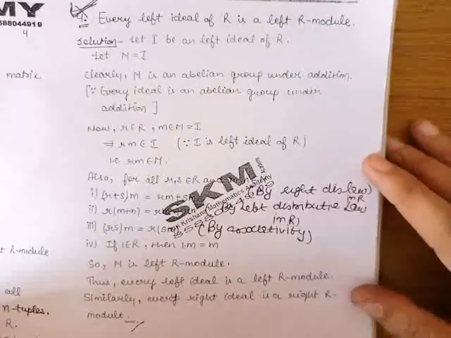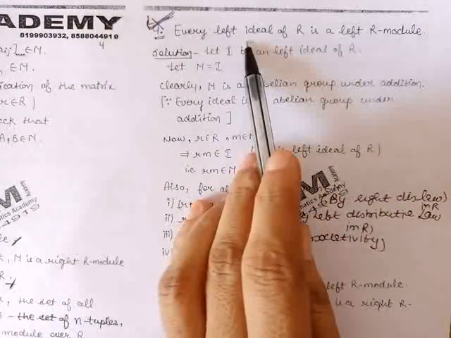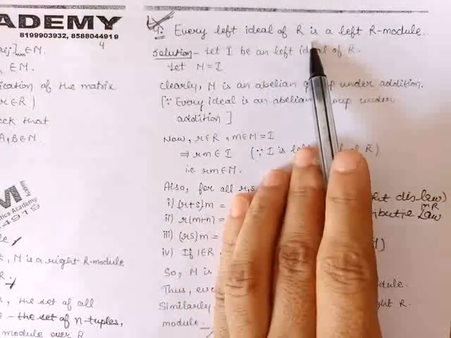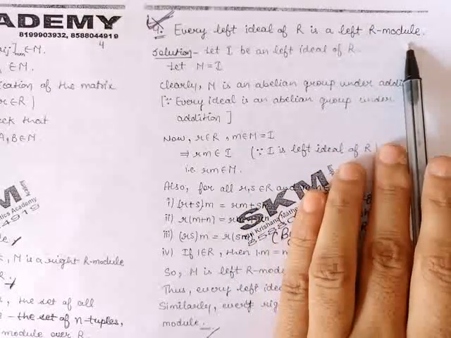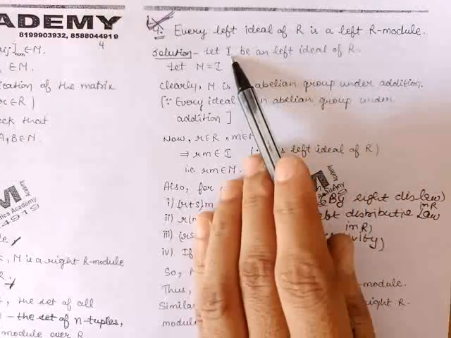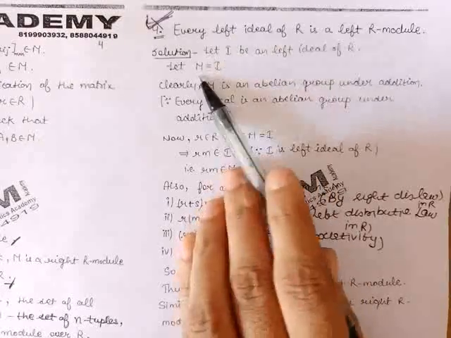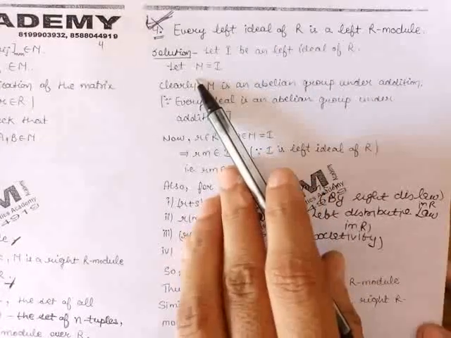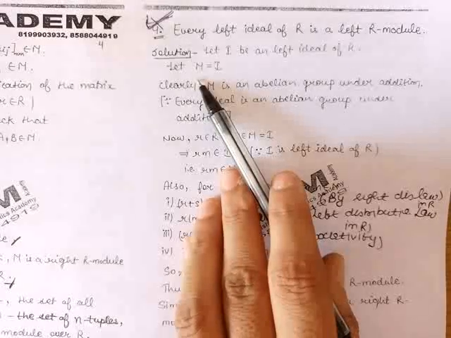Now our next example is: every left ideal of a ring R is a left R module. So let us take a ring R and I is a left ideal of this ring. Let us denote it by M. Now by definition of ideal, ideal is an abelian group under addition.